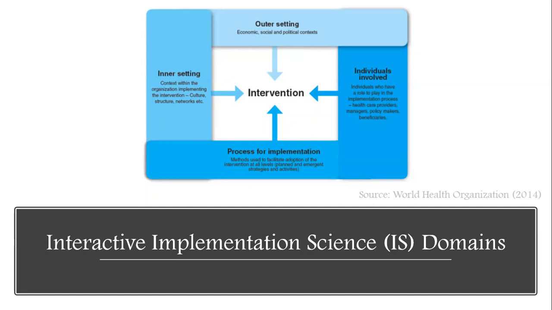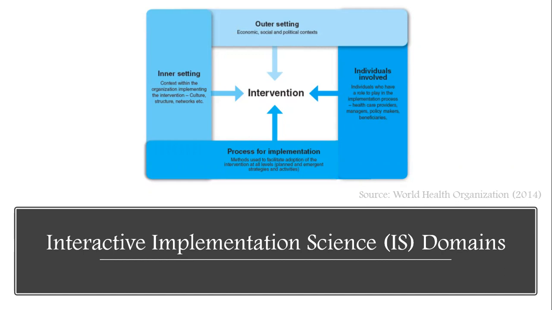We want to take into consideration the individuals who have a role to play in the implementation process, whether it's service providers, managers, policymakers, or the beneficiaries of the services that we're providing.